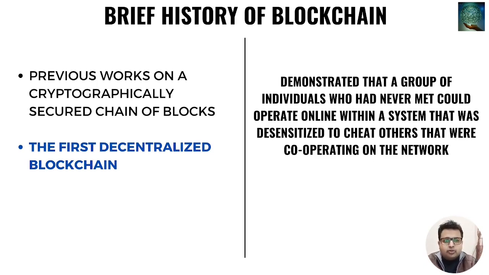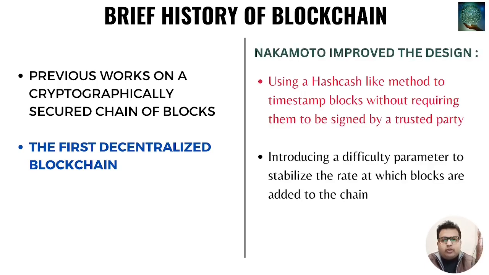Reliability of data comes into the picture because there is an agreement protocol followed in blockchain. For any decision, you need the agreement of the majority of users, and only then will that decision be considered. That was the initial idea proposed in 2008, and in 2009 Nakamoto improved this design further.